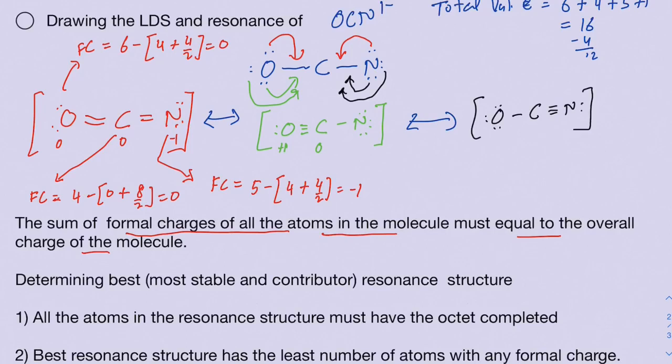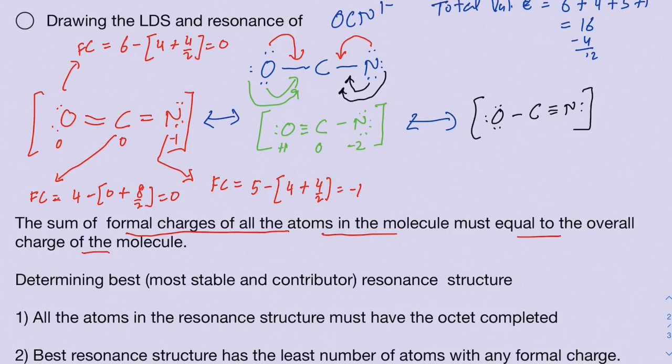So that's going to give you a formal charge of -2. So make sure you go ahead and use the formula and calculate that out. Now, even though you have multiple atoms with the formal charges, nitrogen having -2, oxygen having +1, your overall charge in the molecule is still -1, and that's what we really need to have.